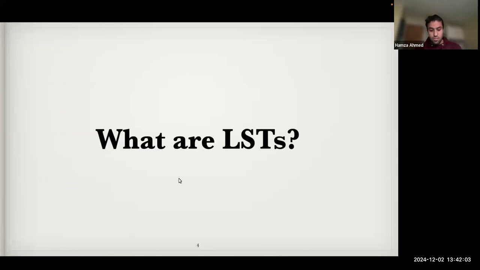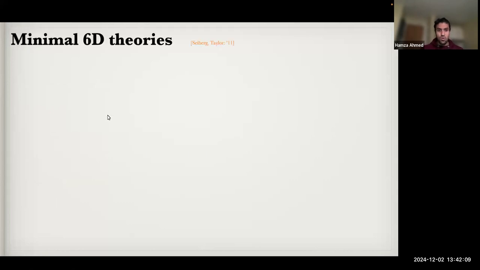So what are little string theories? The kind of little string theories we'll be interested in will be minimally supersymmetric. So in 6D, you have either 16 supercharges or 8 supercharges. As it turns out, the richer class of theories comes from minimally supersymmetric little string theories. Before I get to those, let me review minimally supersymmetric 6D quantum field theories in general.